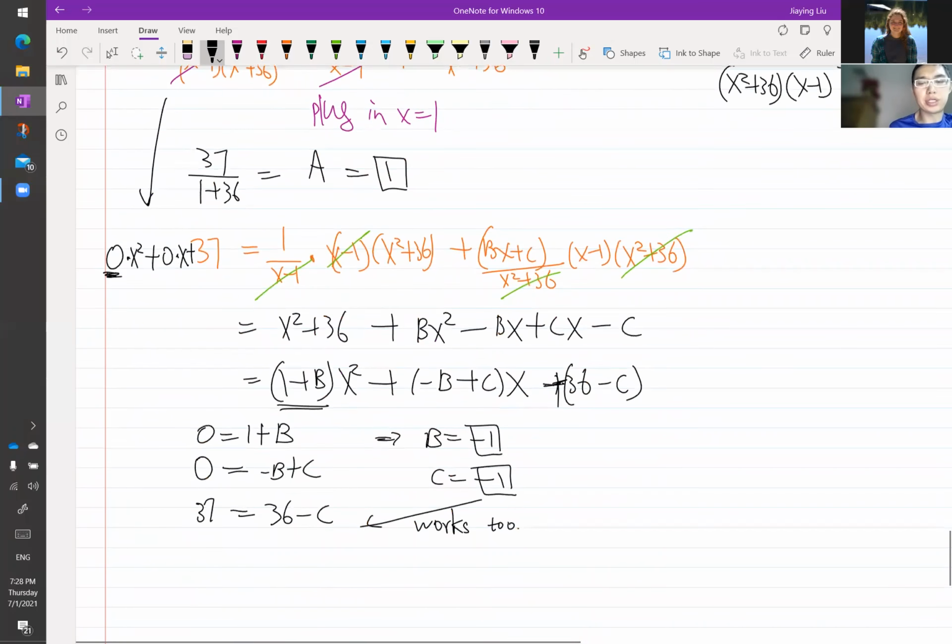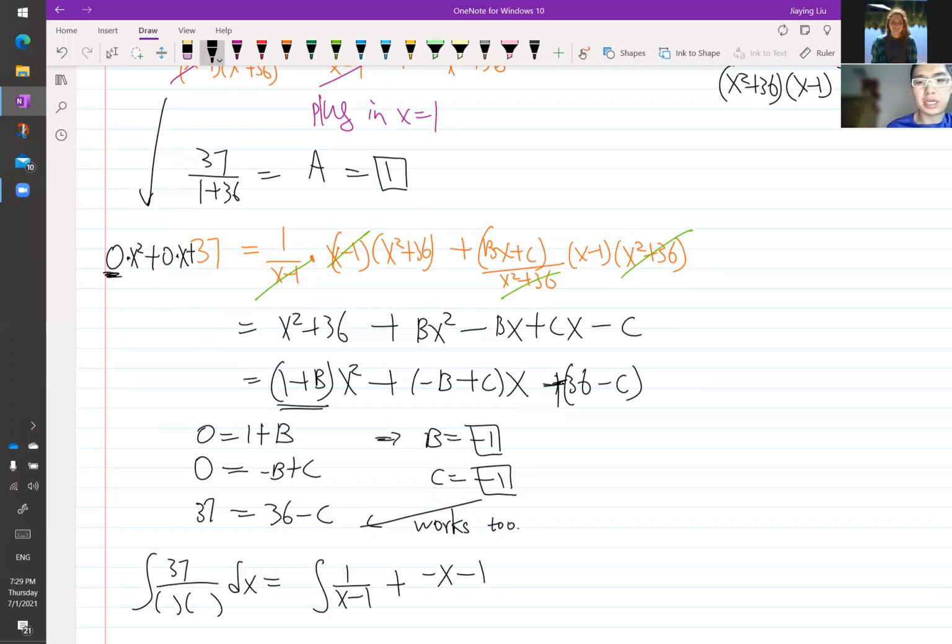Let's rewrite the equation. So the integral, we're looking for 37 over those 2 terms in the denominator. So that becomes integrating A, which is 1 over x minus 1 dx. I'm going to continue plus. b is negative 1, c is negative 1. So that gives me negative x minus 1 over x squared plus 36 dx.